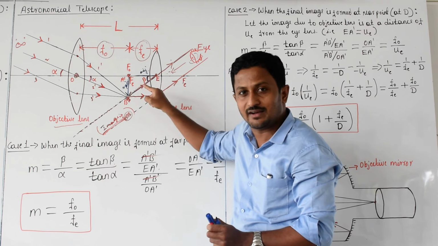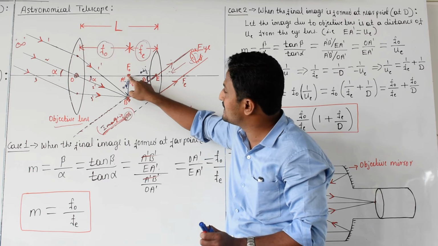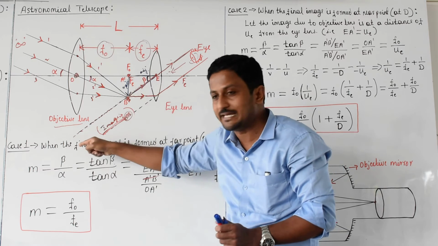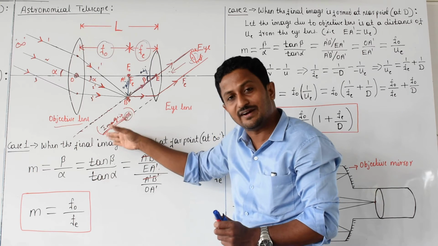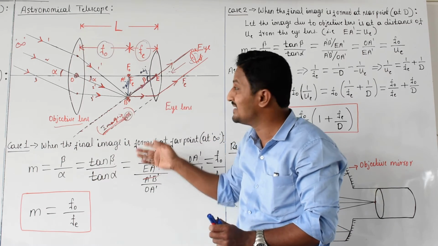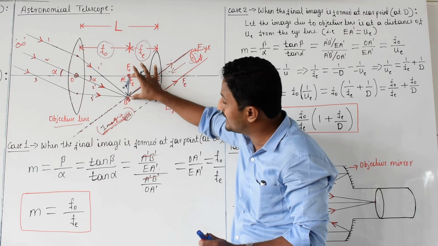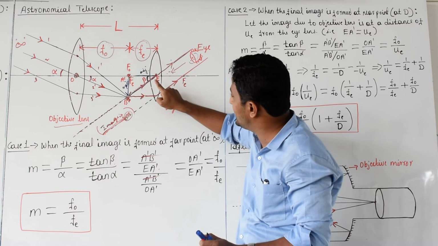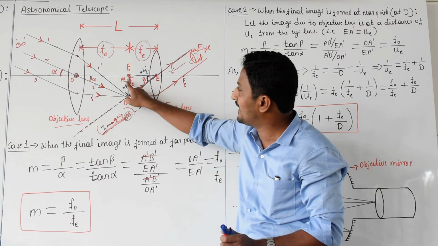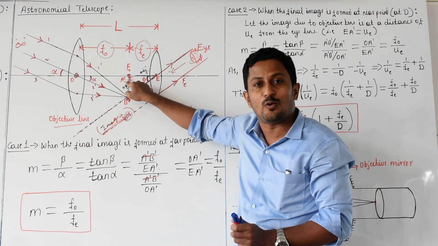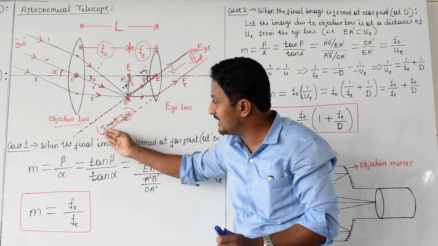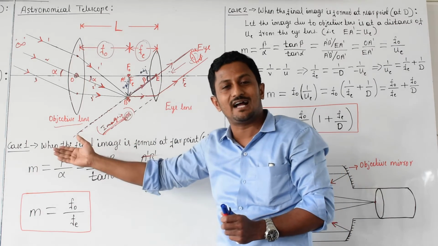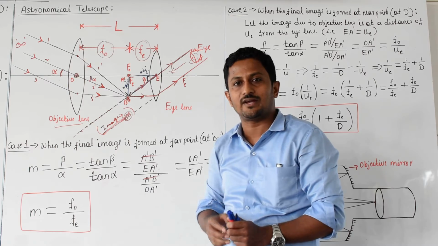In this diagram it is at the principal focus point, that's why the image is at infinity. If we take it somewhere here, then the final image is going to be produced at the D point.